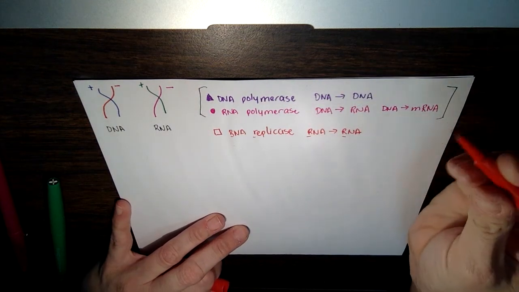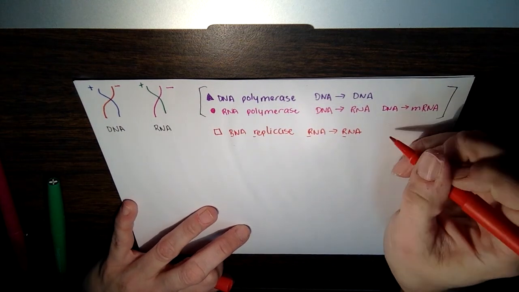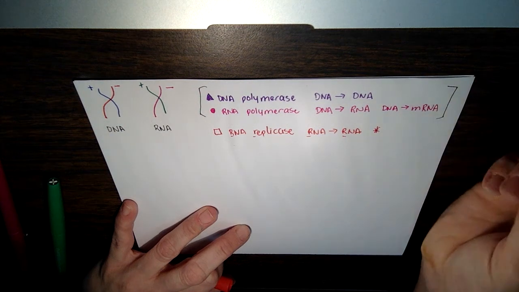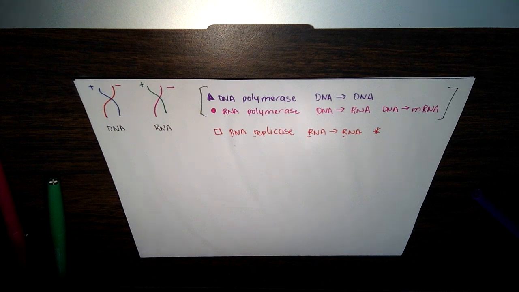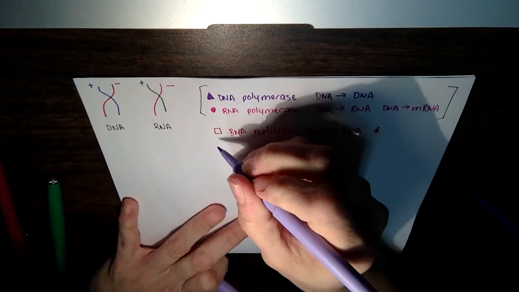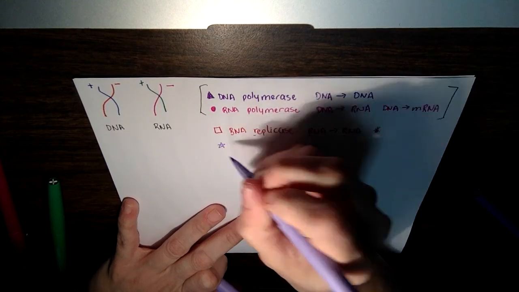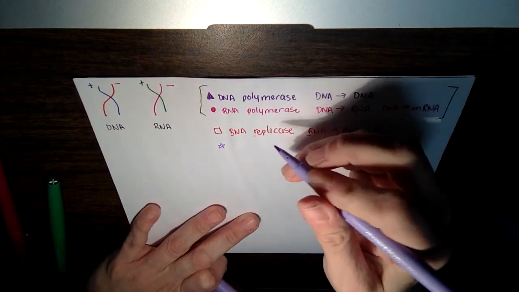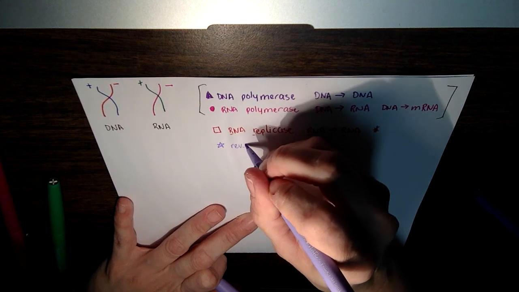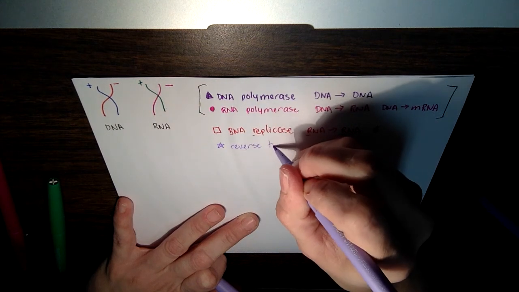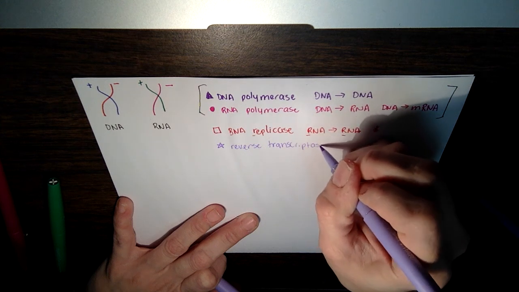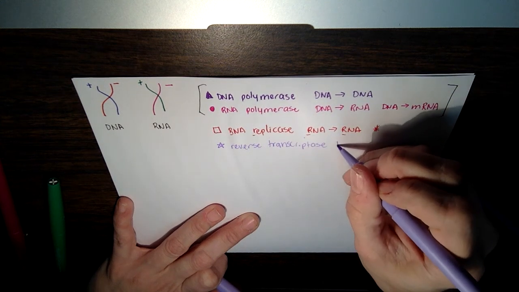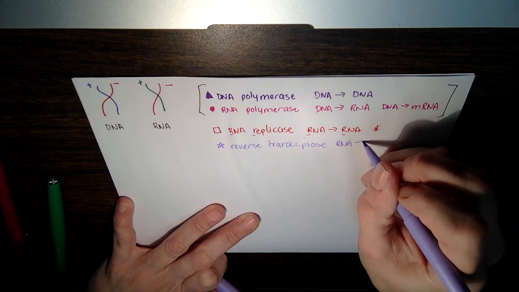Eukaryotes don't have this enzyme. So if this is an enzyme that the virus needs to bring with it, okay, you're not going to find it in eukaryotes. And then the last enzyme that we're going to talk about, we're going to use a little star for this because it's a very strange enzyme. It's called reverse transcriptase. And it takes RNA and it turns it into DNA.